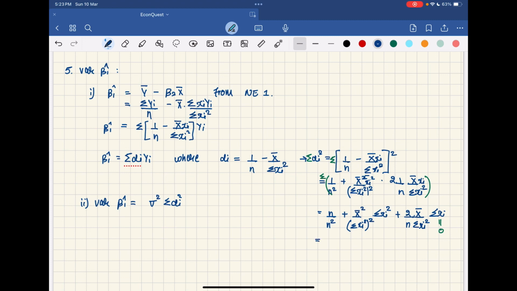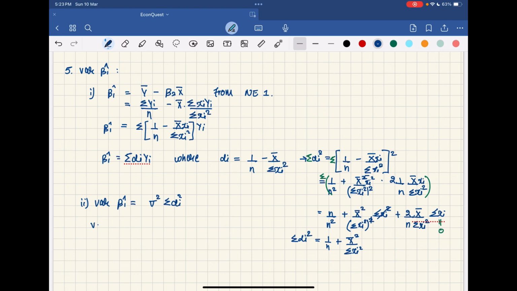So this is equal to 1 by n plus x bar square divided by summation of xi square, because one term from the square cancels out. So this is the value of your sigma di square.